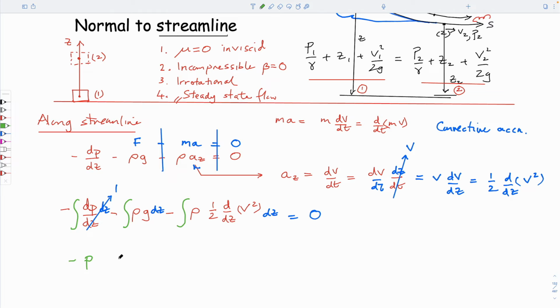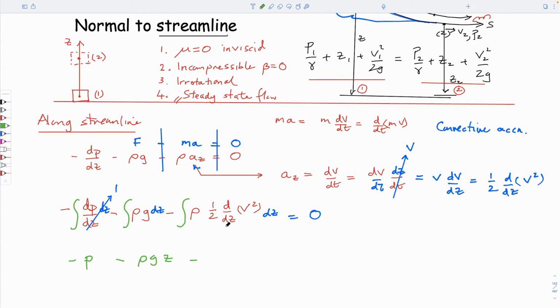p minus integral of v squared is equal to 2v multiplied, I guess, no, we don't want to do that.